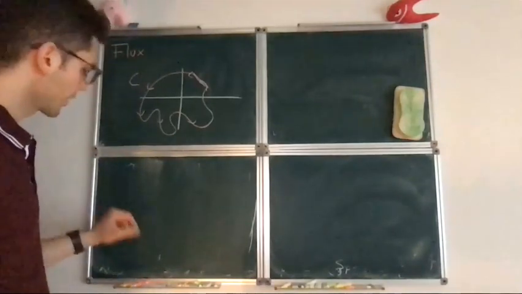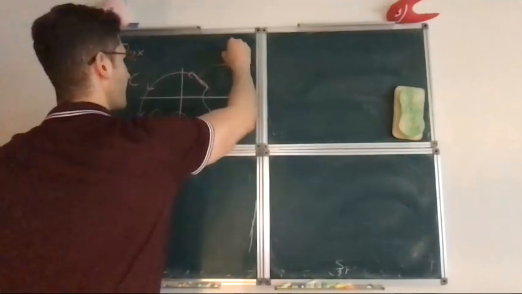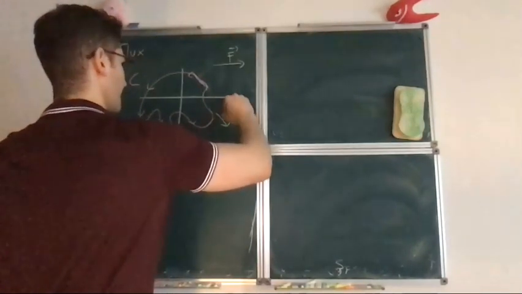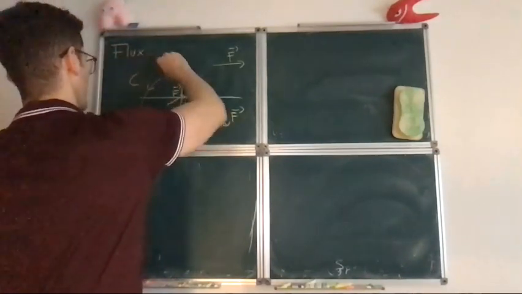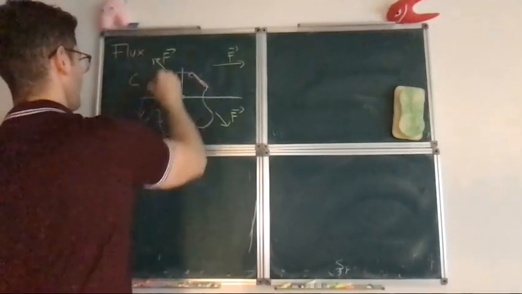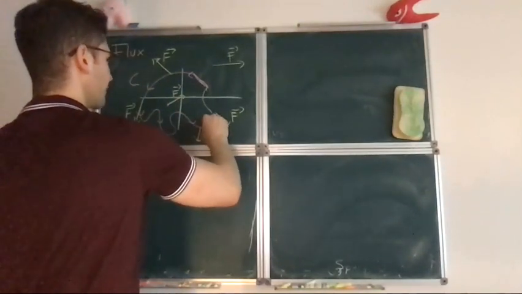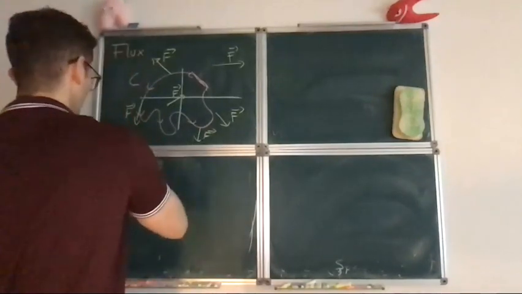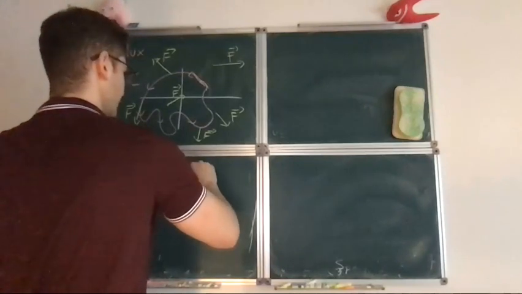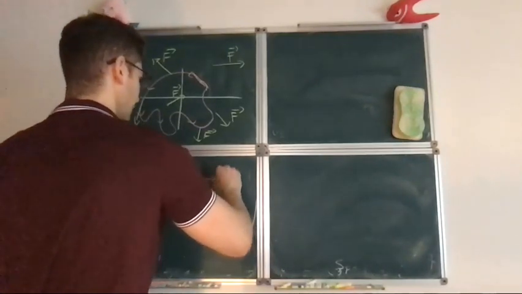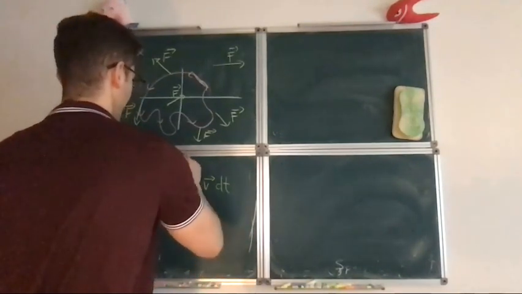And work, if you have a vector field F, let's say this is your vector field. The work along this curve was the integral of the force field, or this vector field, with the velocity vector of the curve dt, say from some initial time to some final time.